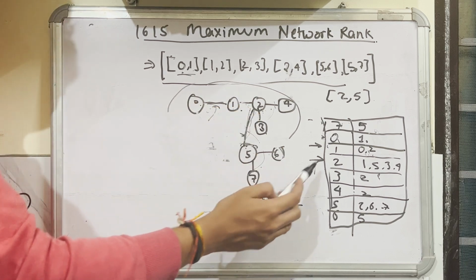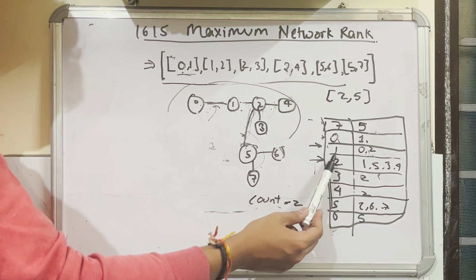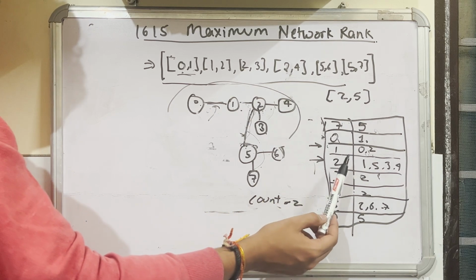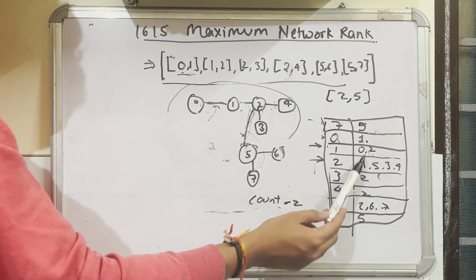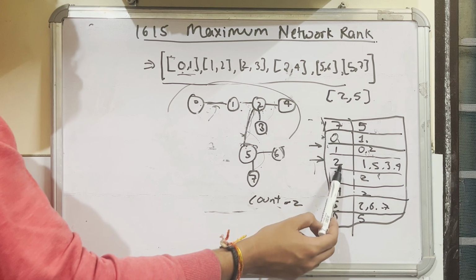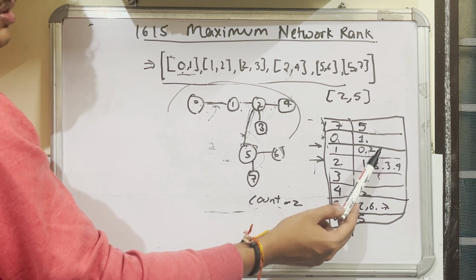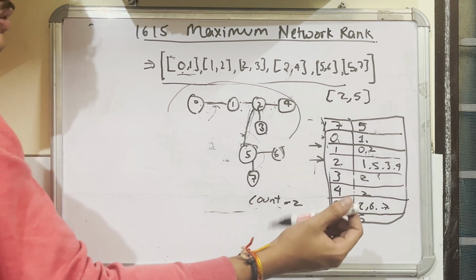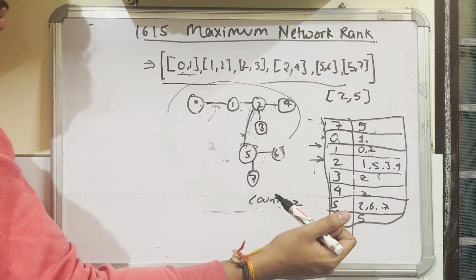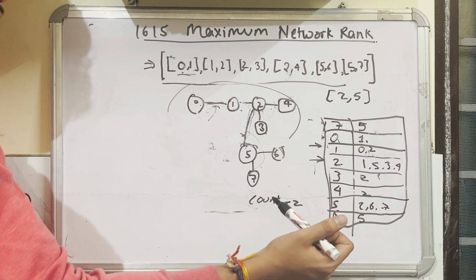So the next count will be the size of the vector of 2 plus the size of the vector of 1. 2 exists in 1, so we'll subtract 1. So 4 plus 2, which will be 6, minus 1, which will be 5 in this case.